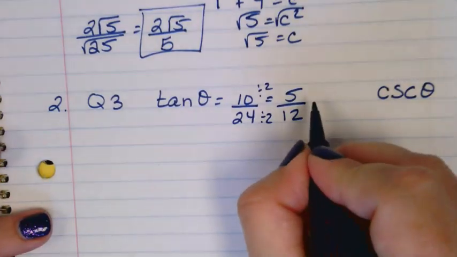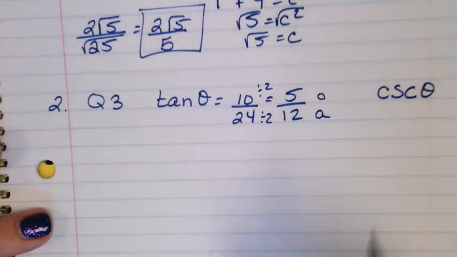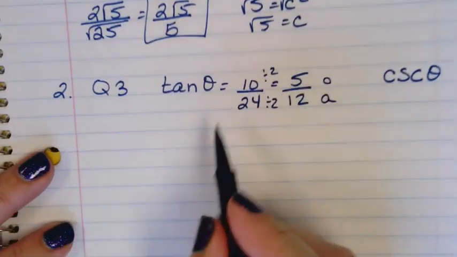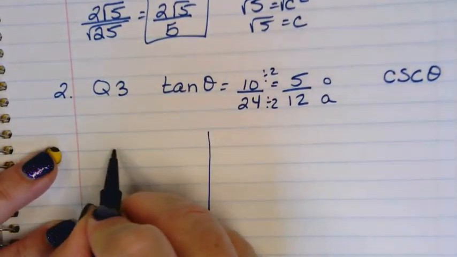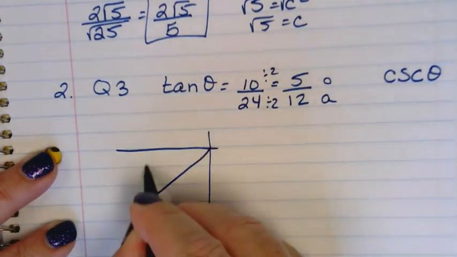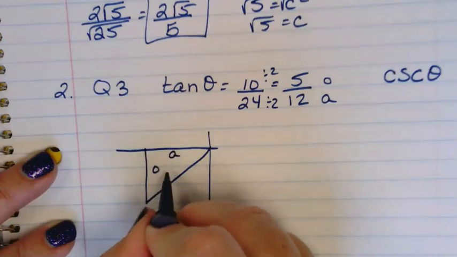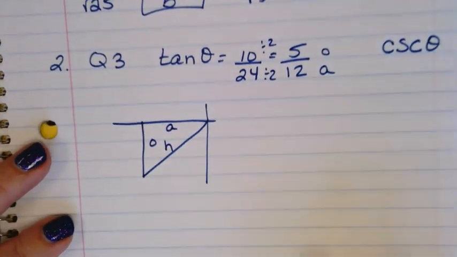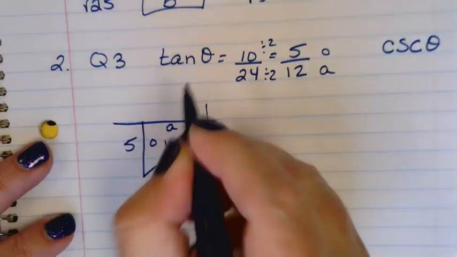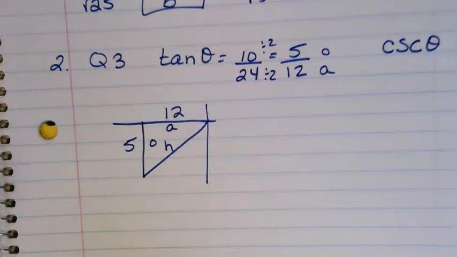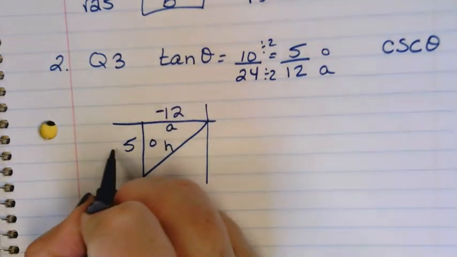And I know tangent is O over A. Please pay attention to quadrant 3. A, O, H. 5 and 12. What is special about quadrant 3? Everybody is negative.